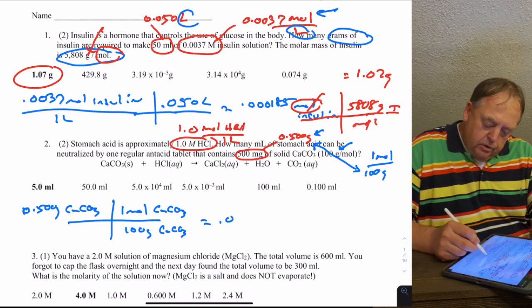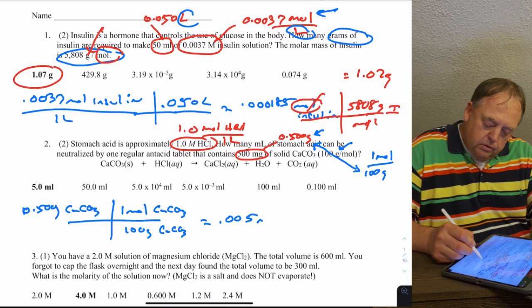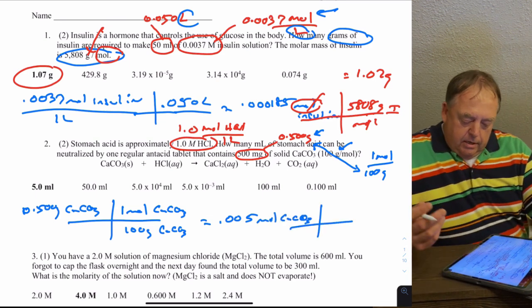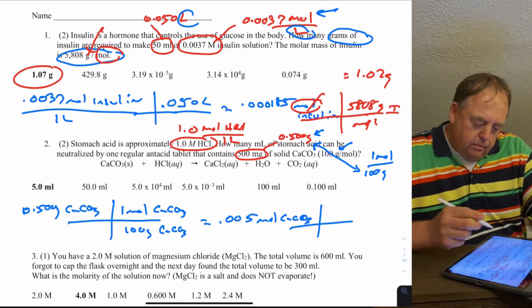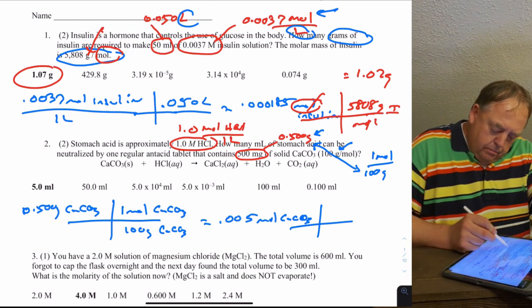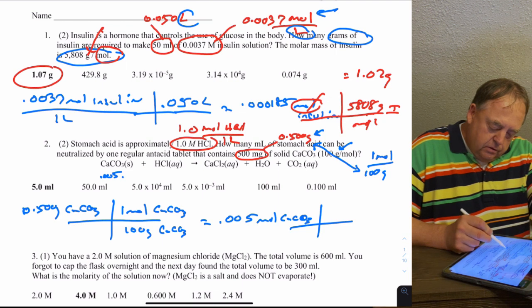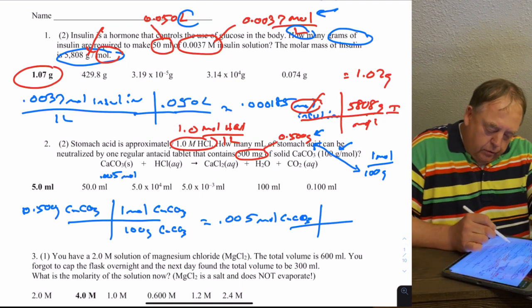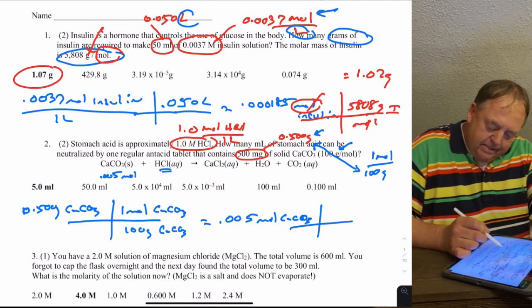So you have 0.005 moles of CaCO3. Now you have to recognize it's a stoichiometry problem. So you have 0.005 moles of this, and now you have to use molar ratios because we want to figure out HCl.